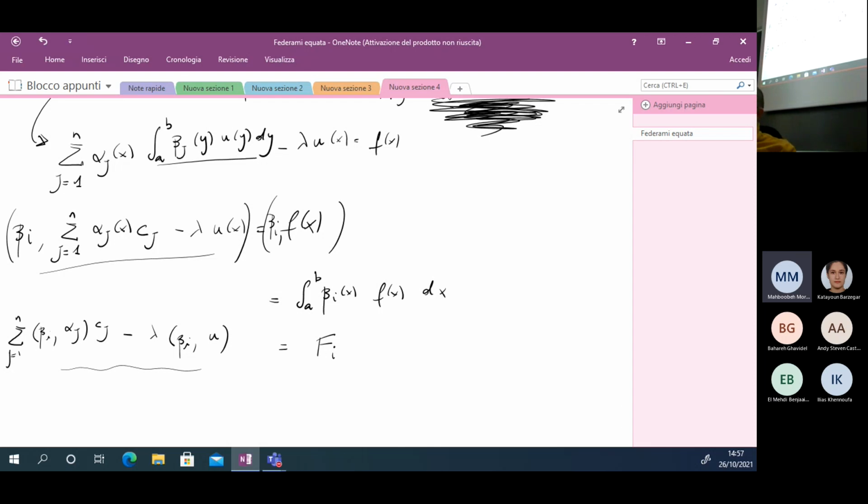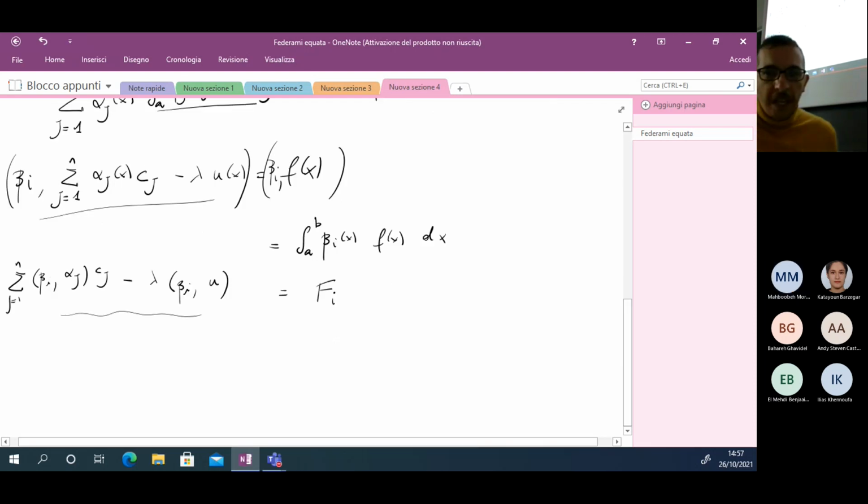Okay. We said a couple of lectures ago that the inner product is linear. So if I have the inner product of u with v plus w, this is equal to the inner product of u with v plus the inner product of u with w. That's what I'm doing in this case.